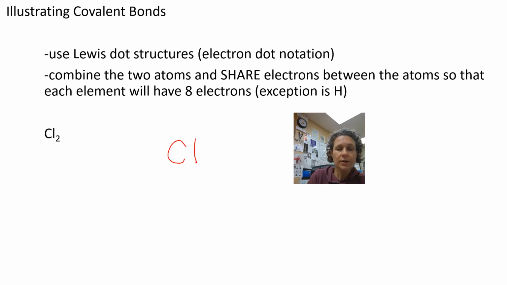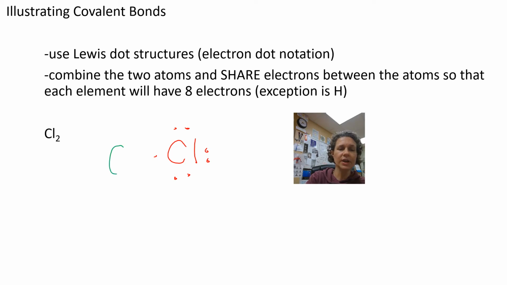So here's our first chlorine with its 7 electrons to start with. Now, the second chlorine, I'm going to do in a different color, green, so you can see the difference. Now you make them fit. The second chlorine also has 7.